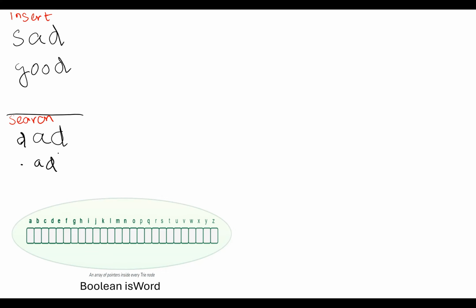Okay, so when you want to insert, obviously our word dictionary data structure will have a root node, and any trie node is going to have a list of children, an array of, say, size 26. Initially, all of them are going to be empty or null.